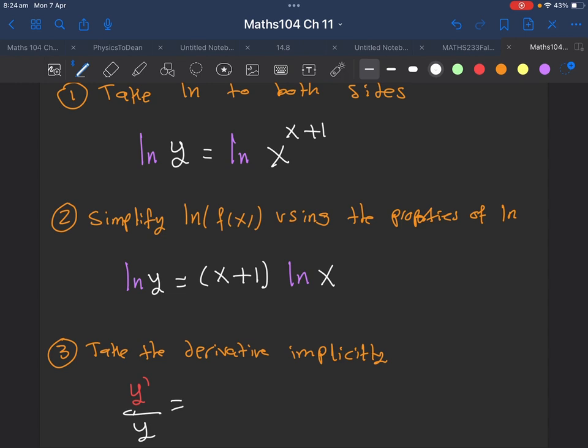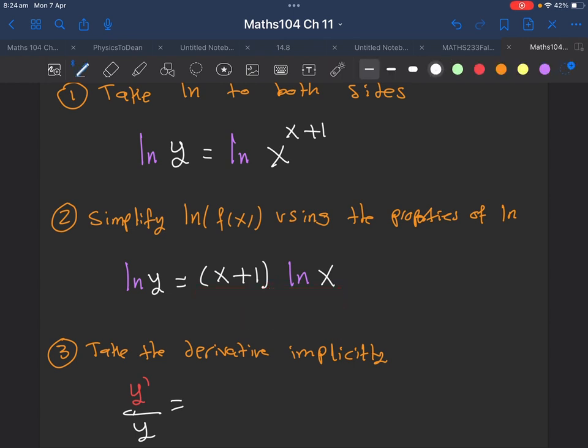Equal. Now, how do we do the derivative of two functions where there is a product between them? Remember, this is a product between them. How do we do it? Well, the only way to do it is using the product rule. What is the product rule?